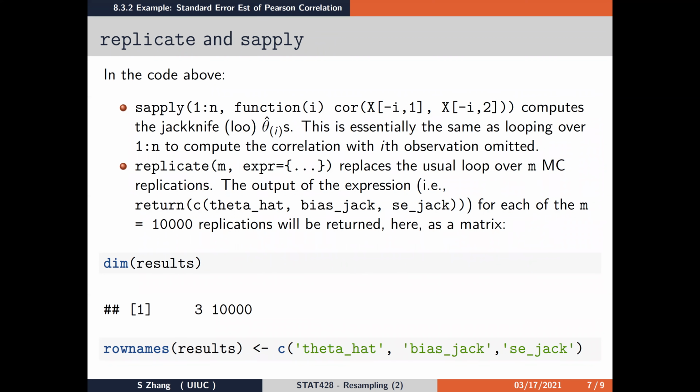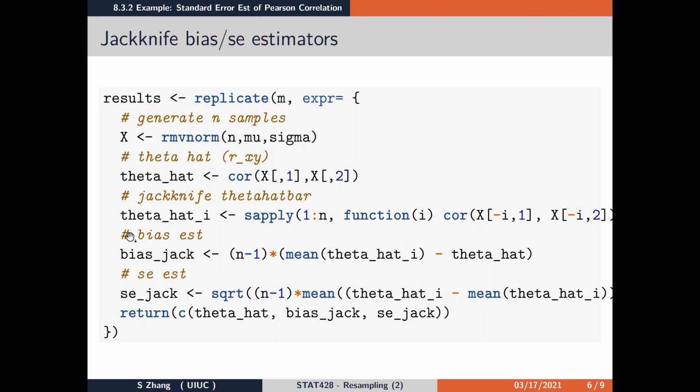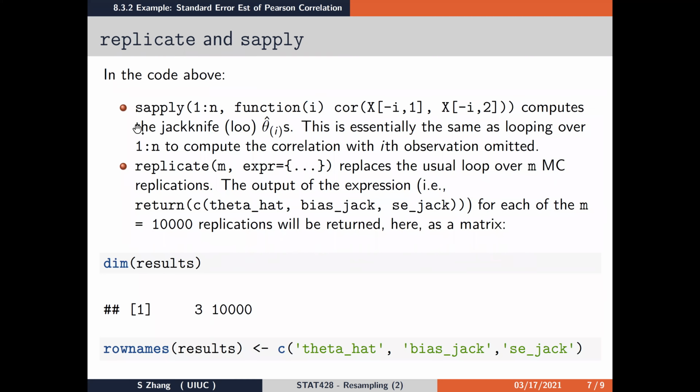So in the code above, we have omitted for loops, and we did this in two ways. The first thing is that instead of doing a for loop to compute the theta hat i's, which are the leave one out theta estimators, or the rho estimators, we use the sapply function. So for i from 1 through n, we return the correlation between the first and second columns with the ith entry left out.